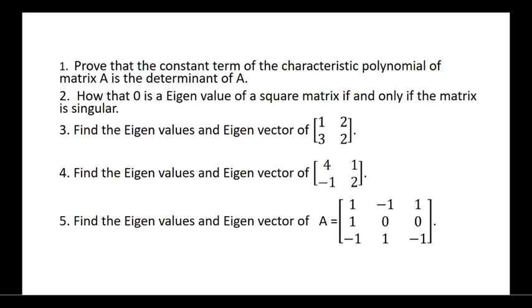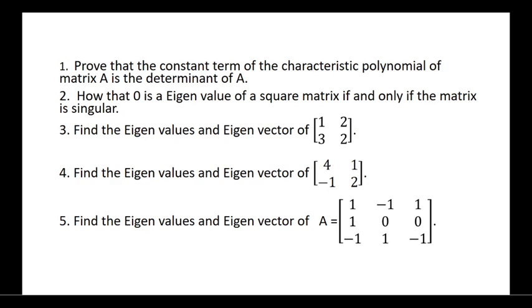If you take k, then x1 is equal to k and x2 is equal to minus k. Hence, the eigenvector is given by the column matrix X is equal to [k; minus k]. So we got one of the eigenvectors.